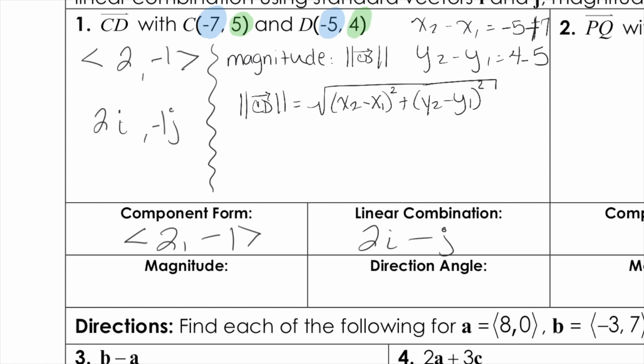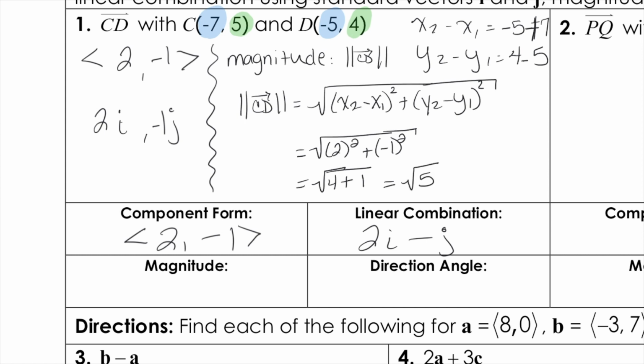That's magnitude. So since we've already found the difference in our x values and the difference in our y values, we can plug that in. So the difference in our x's we said was 2, and the difference in our y's was a -1. And 2 squared is 4, and -1 squared is 1. So my magnitude is the square root of 5.